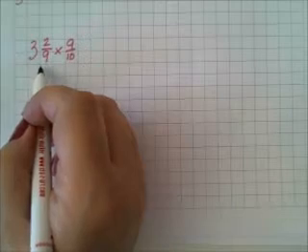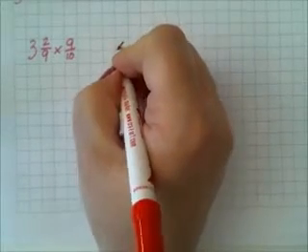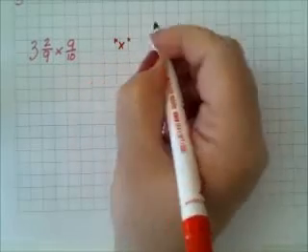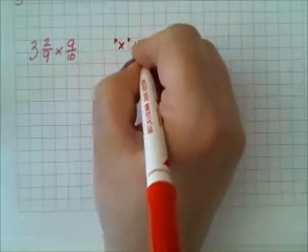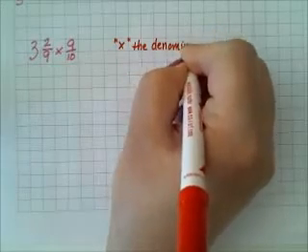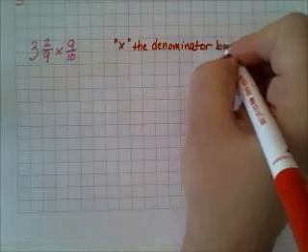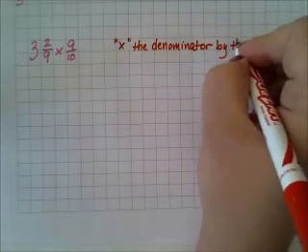The first step is to multiply the denominator by the whole number.